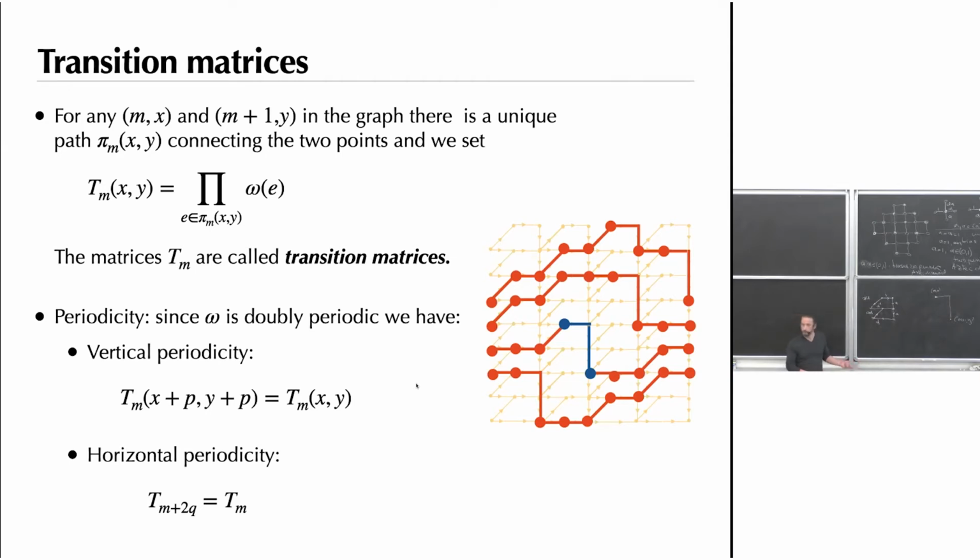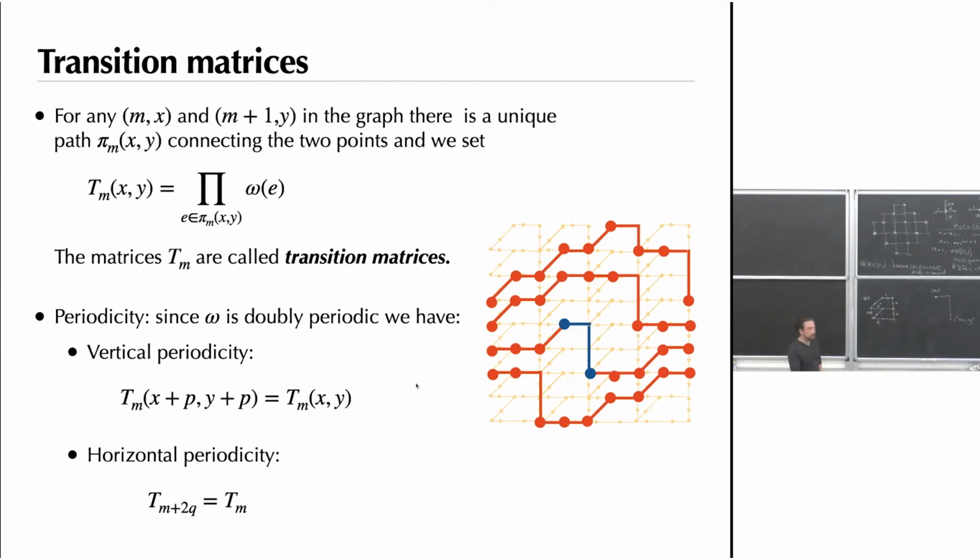Now, an important consequence of the vertical periodicity is that these transition matrices also have this periodicity. If I add p in both coordinates, I just translate all this part by p. Since the weights were p-periodic, this transition matrix doesn't change, right? So adding p in both coordinates doesn't change the value of the matrix.